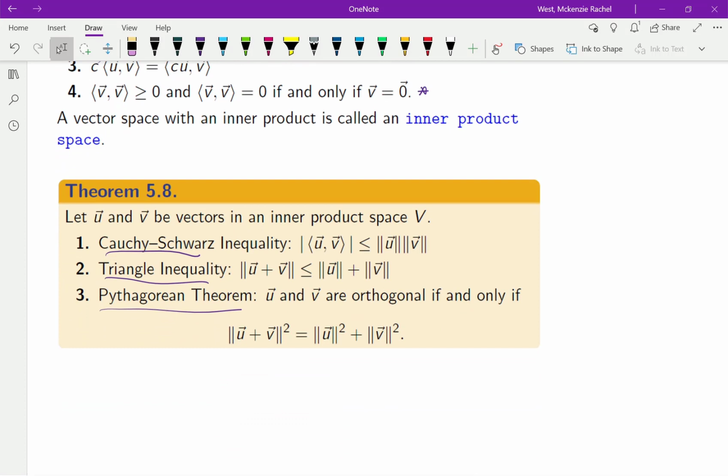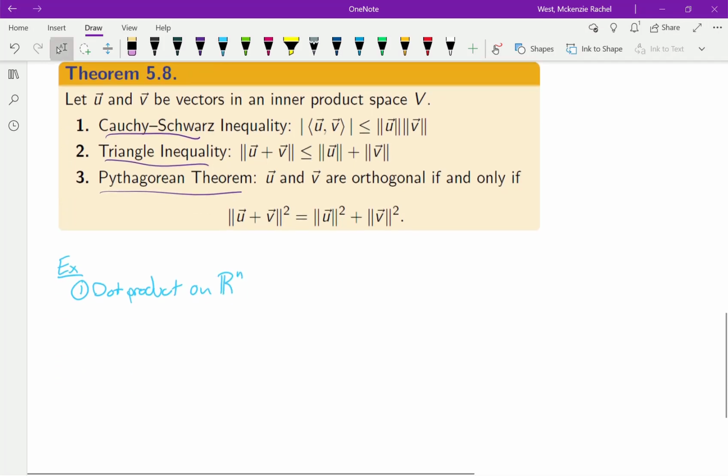All right, so what are some examples of inner products? One example is certainly the dot product on R^n, not just R^2 or R^3. Another one would be like a weighted dot product, we can call it.